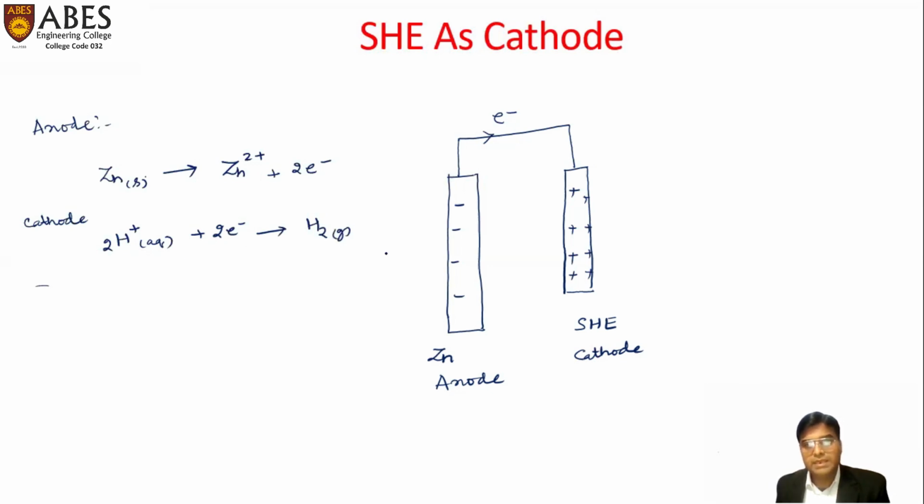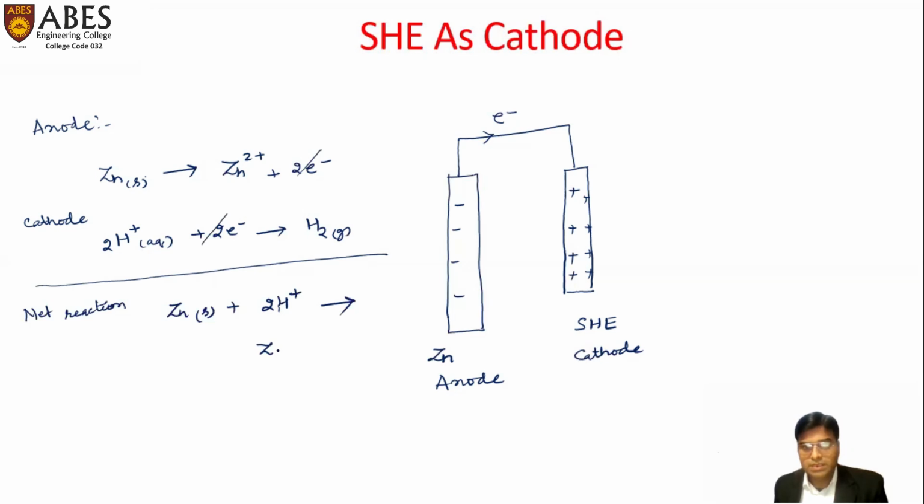So the net reaction may be shown as, these 2 electrons may be cancelled out here. So it is zinc solid in presence of 2H+ ions converts to Zn2+ and hydrogen gas is formed.